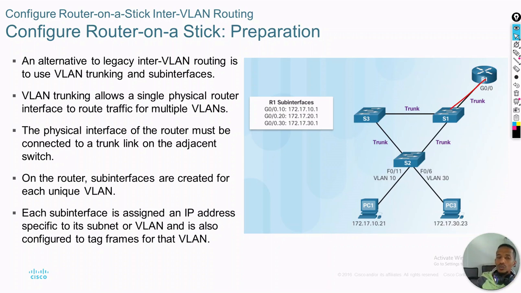You are going to create sub-interfaces. All of them here are G0, gigabit 0/0, but you have subdivided it based on the network IP. For example, here you have how many networks? Two. One of them is going to be 10 because this is the 10 network, another will be 30 because this is the 30 network, and 20 will be another network.